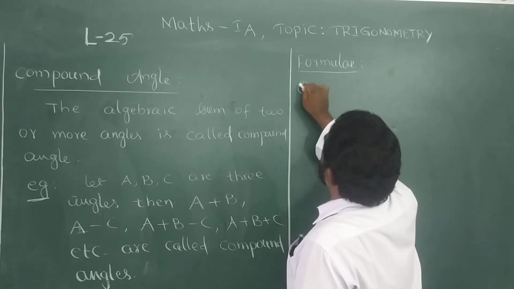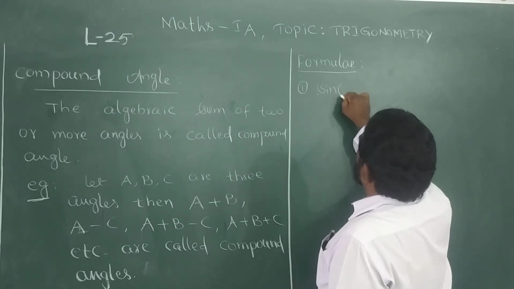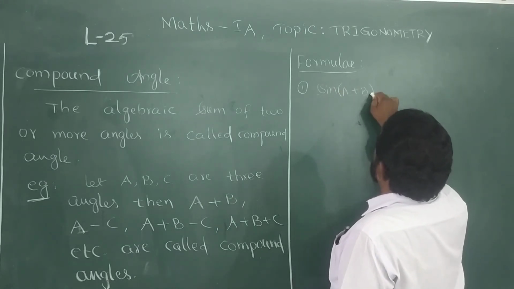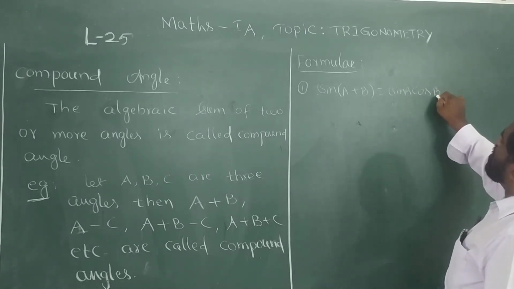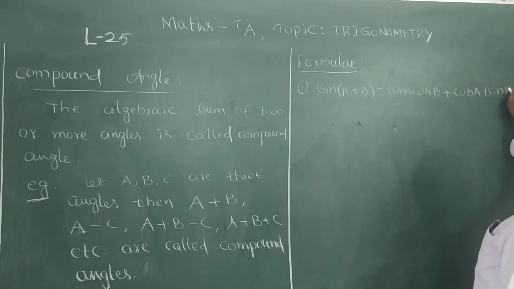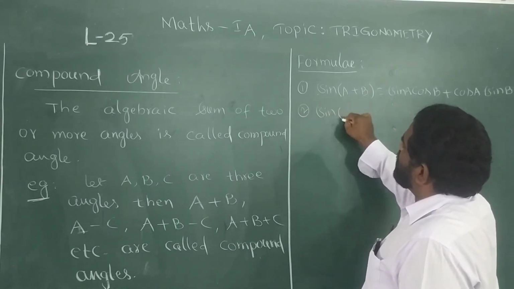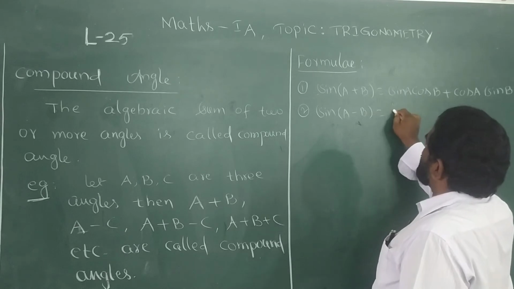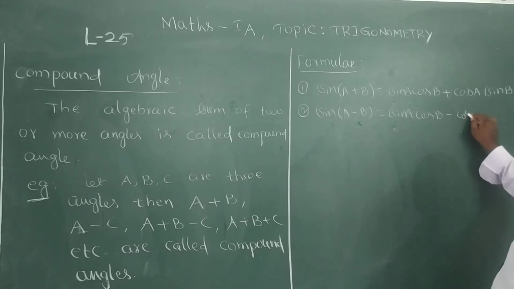The first formula of compound angles is sin of A plus B, which can be taken as sin A cos B plus cos A sin B. Let us see one more formula. Sin of A minus B is sin A cos B minus cos A sin B.